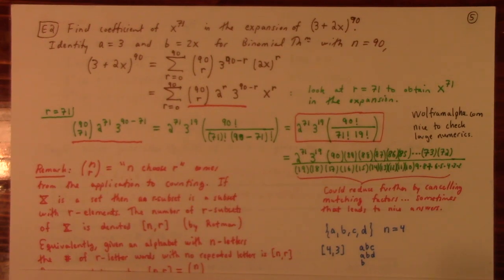Let me read it. A word is a sequence of r letters with no repetition, and with no regard to whether the word actually occurs in some dictionary. For example, the 2-letter words in the alphabet A, B, C are AB, BA, AC, CA, BC, and CB. So how many r-letter words are there in an alphabet with n letters?